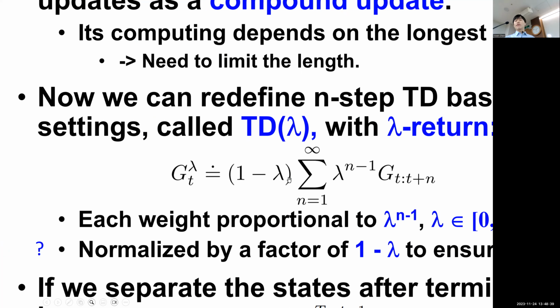Also in the textbook, you will see that this infinite summation equals 1 over 1 minus lambda. So if you multiply them together, it will just be equal to 1. Okay. So, any questions?